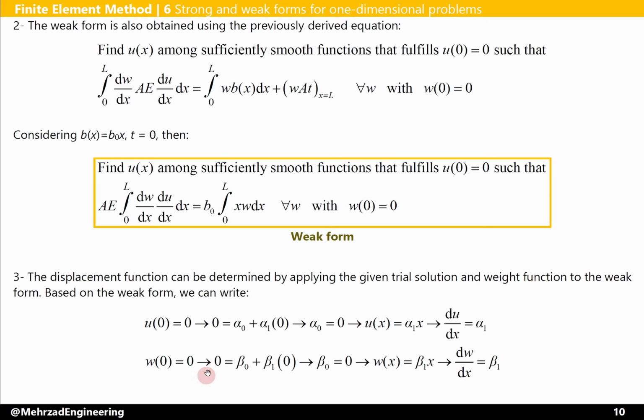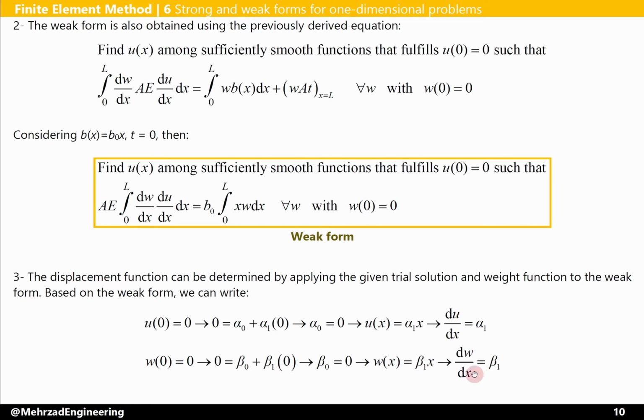And if we use this equation at x equal to 0, it means that 0 is equal to beta 0 plus beta 1 times 0. This second term is 0, so beta 0 must be equal to 0. Up to now, the equation for u of x is alpha 1 x, and for the weight function it is beta 1 x.